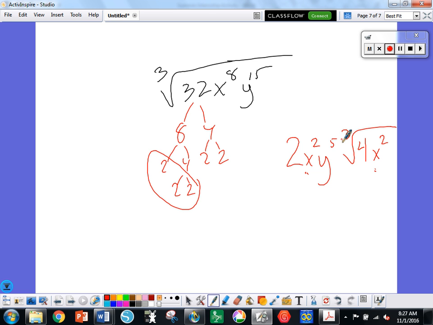Now, am I done? Do I need absolute values? I do not. Is this an even root? It is not an even root, so therefore it does not need to take care of it. Why? That's what you asked, right, Peyton?